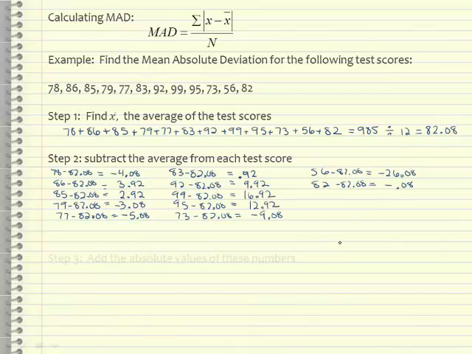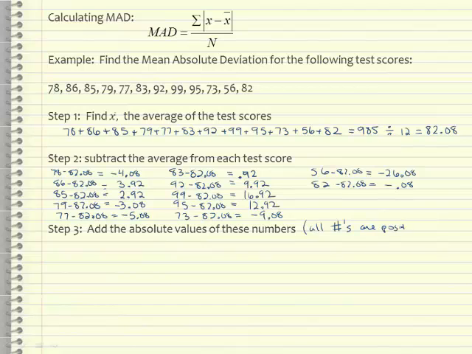So now I have all of the subtraction, and I'm going to add the absolute values of all these numbers. That means all numbers are positive. So anything that's negative, like this negative 4.08, we just make it positive.